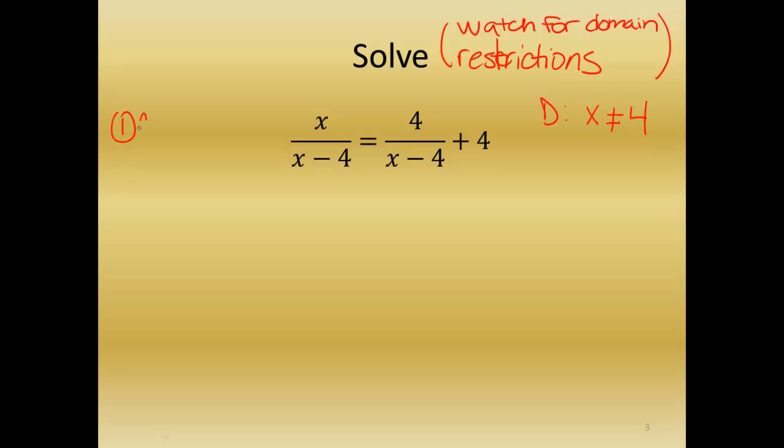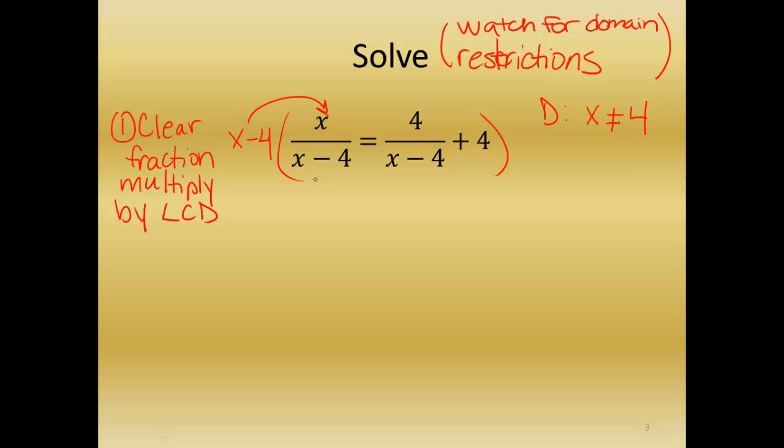So again, the first thing we're going to think about is how we can clear the fraction. We're going to multiply by that lowest common denominator, and in this case, the lowest common denominator is just the x minus 4.